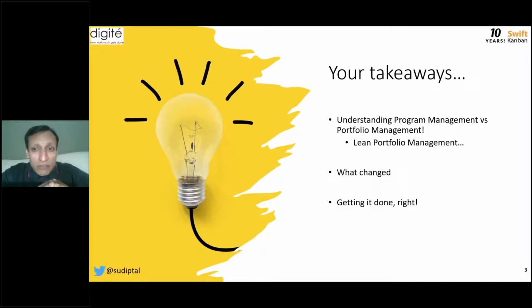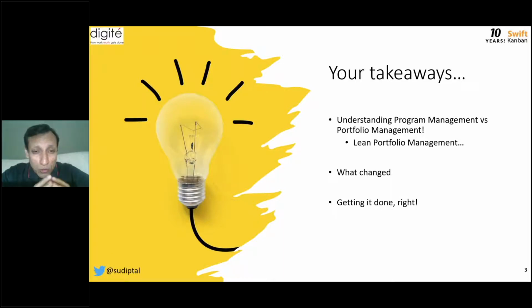What I hope that you will be able to take home at the end of the presentation is to really understand what is program management versus portfolio management. I think these two terms are used very interchangeably within the industry, and it often is pretty confusing. Where does one start? Where does one end? What is the scope of one versus another?